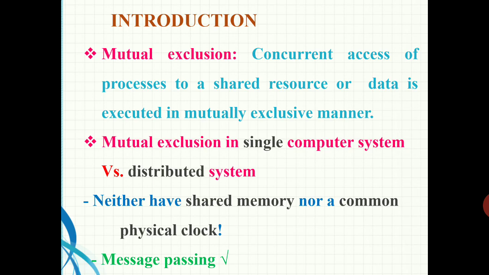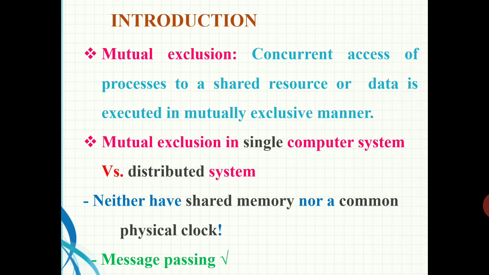The status of the shared resources and the status of users is easily available in the shared memory. So with the help of shared variables, or by using semaphores, the mutual exclusion problem can be easily solved in a single computer system.